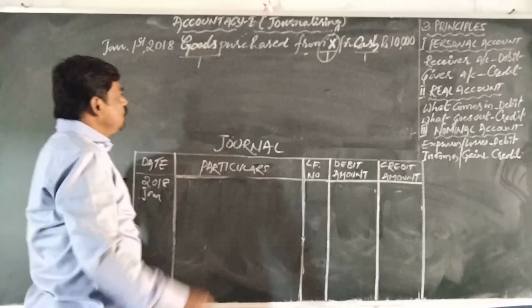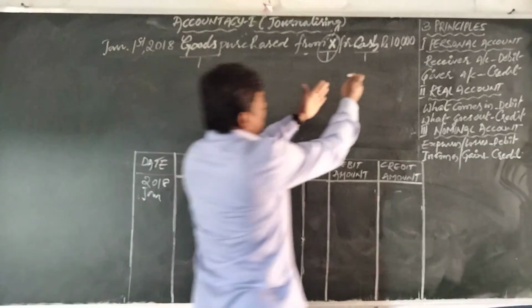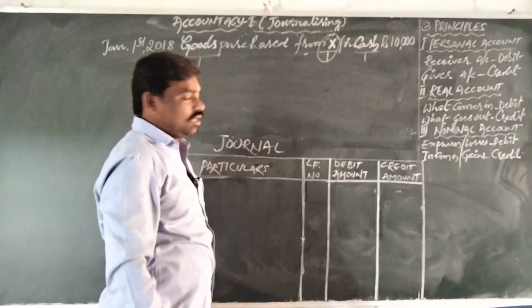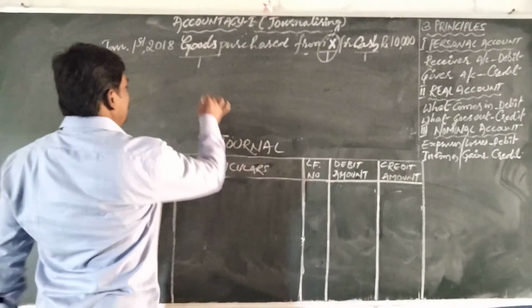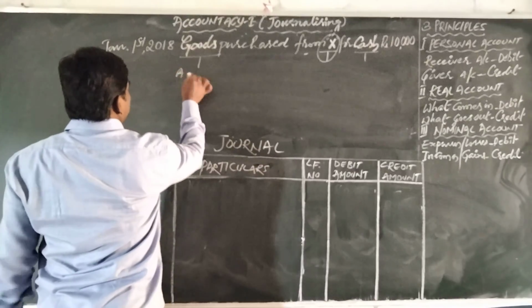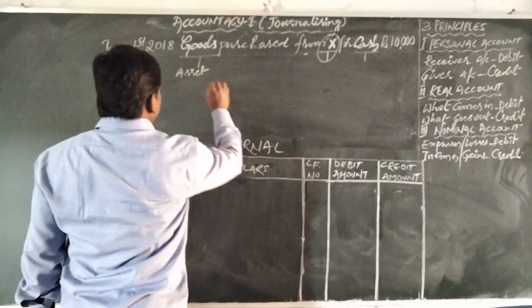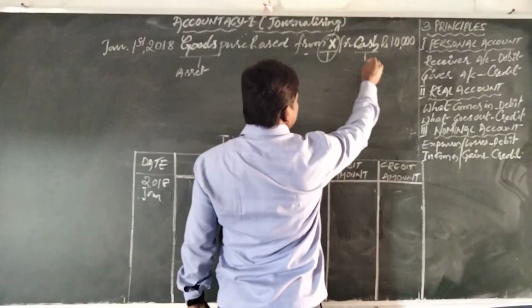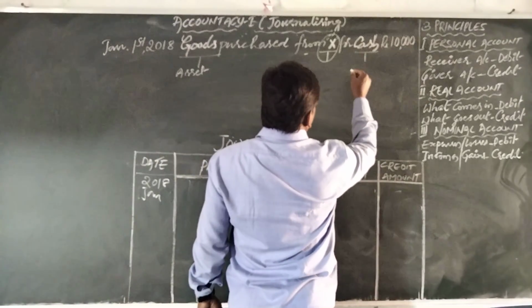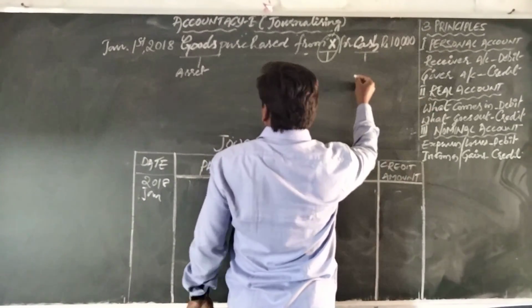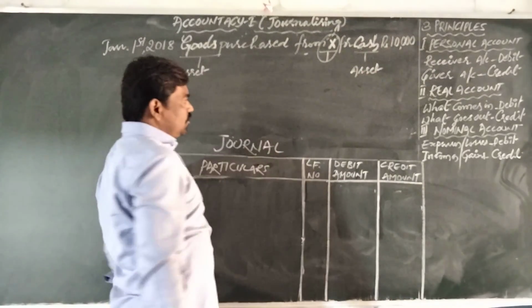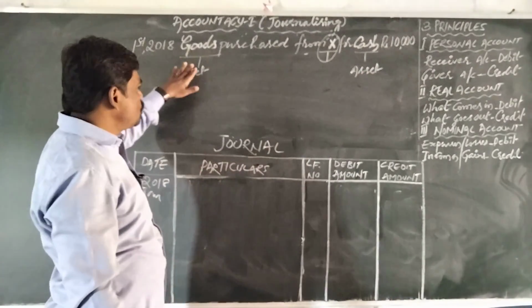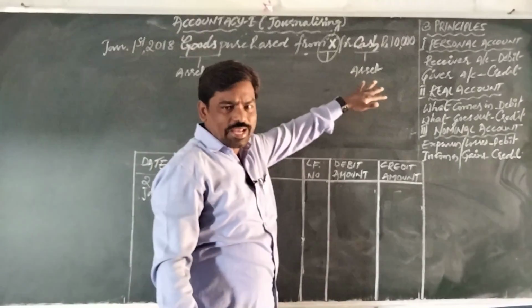Now come to goods and cash. Two aspects we find, and goods is an asset. Okay, students. And cash also is related to assets, or comes under real account. So two aspects we find: one is goods purchased, another is cash.